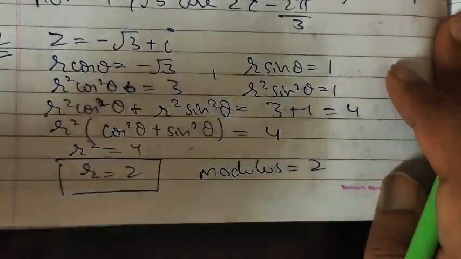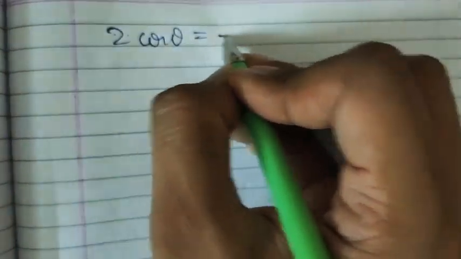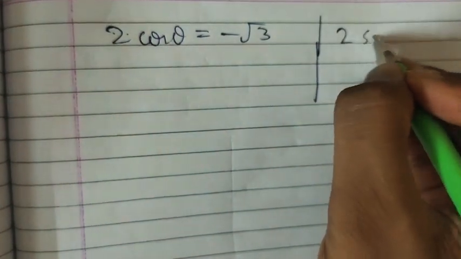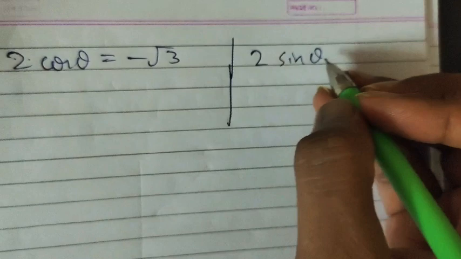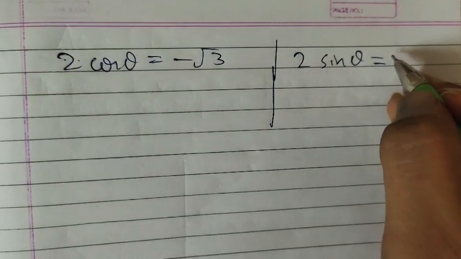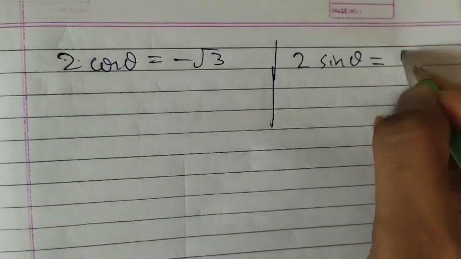Now the modulus is 2. So from here we can say 2 cos theta is equal to minus root 3 and 2 sin theta is equal to 1, as given.